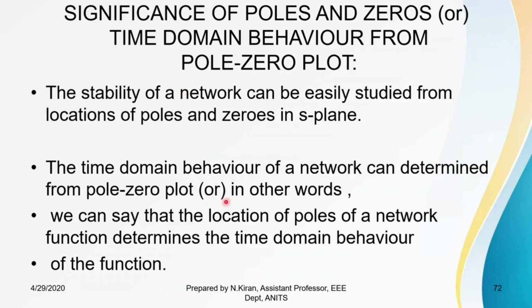Depending upon the location of poles, especially poles, the location of poles in the network will help us find the time domain behavior of the system, which in turn will also give me the stability criteria of that system. So let us consider different cases and learn the time domain behavior of the given function.